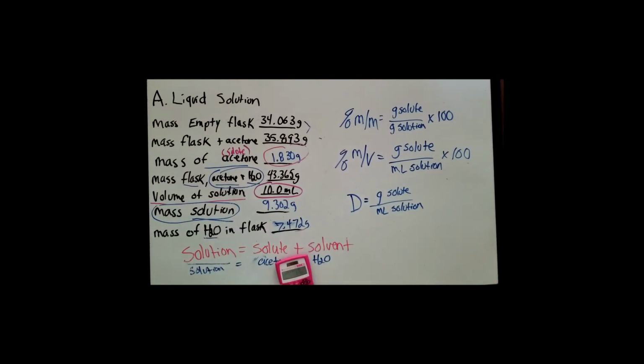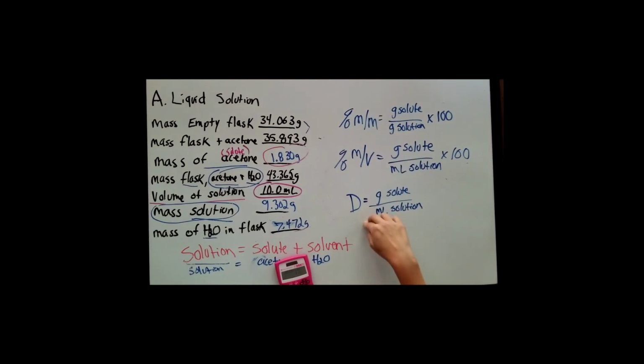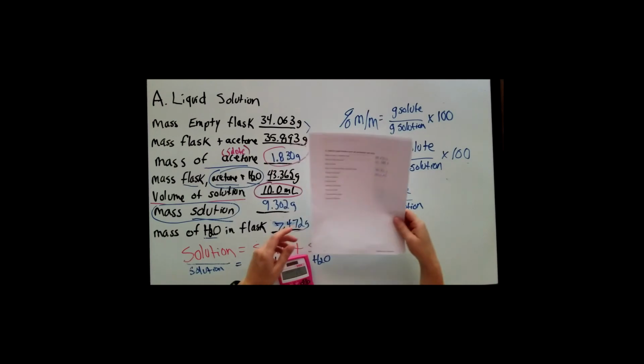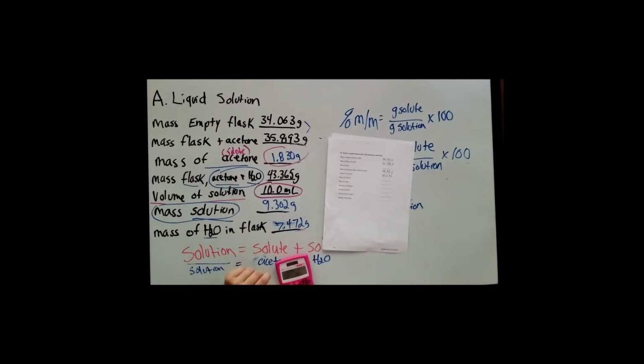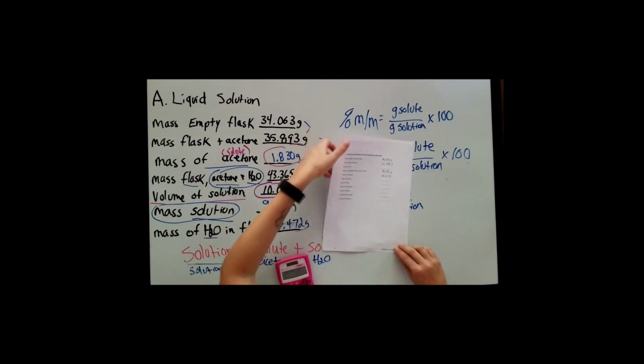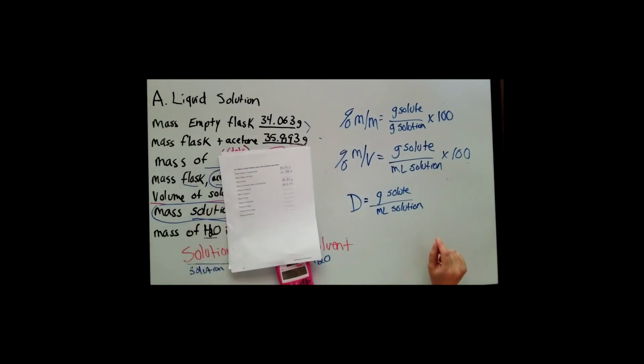All right, so make sure you are doing these last three on part A and filling in the calculations. And then you're going to go to part B, which is very similar, but instead of a liquid solution, it is a solid solution. So we're taking sodium chloride, NaCl, and dissolving it in water to make a solution. Okay, so sodium chloride is going to be your solute.